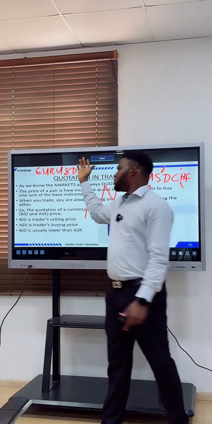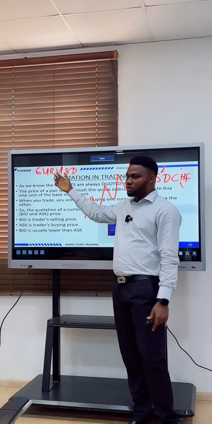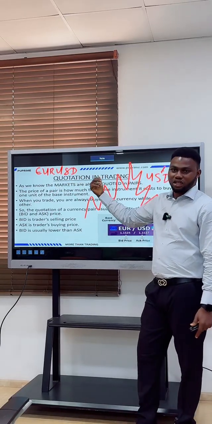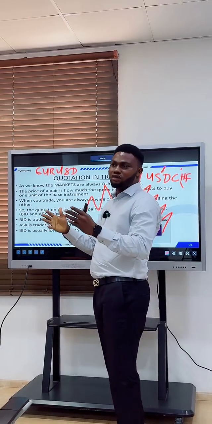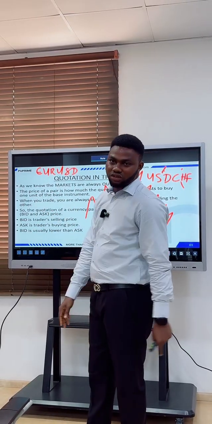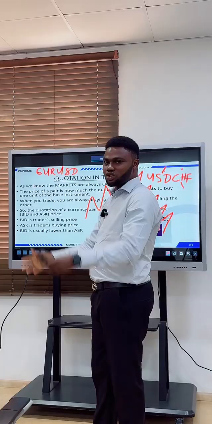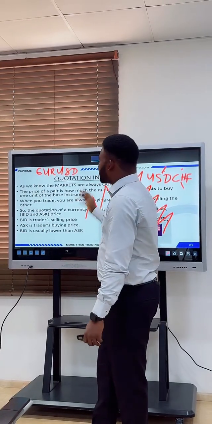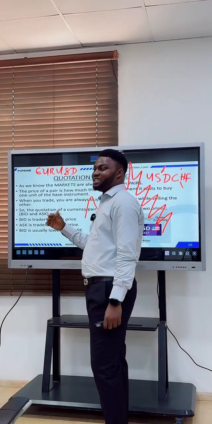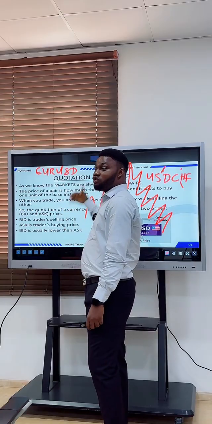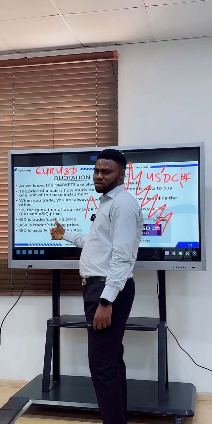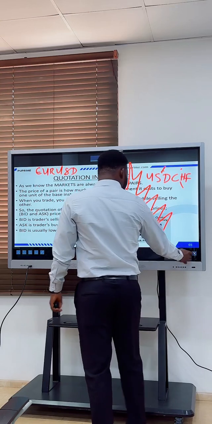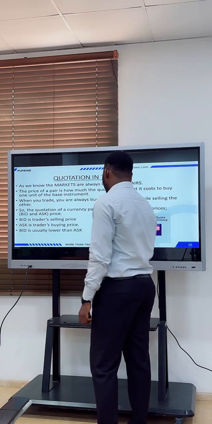In this pair, the base currency is Euro, the quote currency is USD. So it's not that a particular currency must be the base currency and one must be the quote currency. It's just that whichever one is the base currency determines the movement of the chart. Is that clear? So let's proceed.